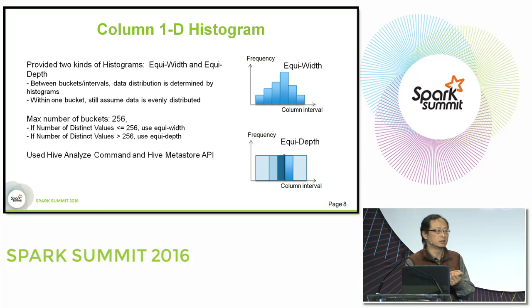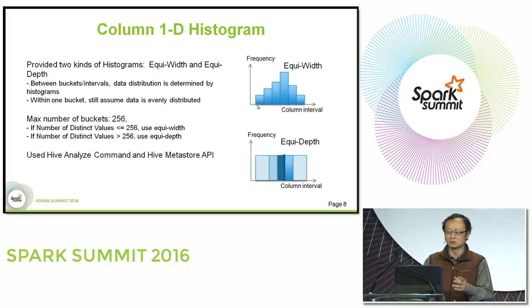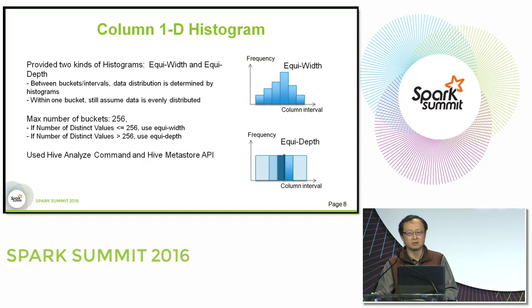Say, for example, we have 600 distinct values. Then for the equal width histogram, suppose the interval is from 0 to 600. Then the first interval is from 0 to 100. The second interval is from 101 to 200, etc.